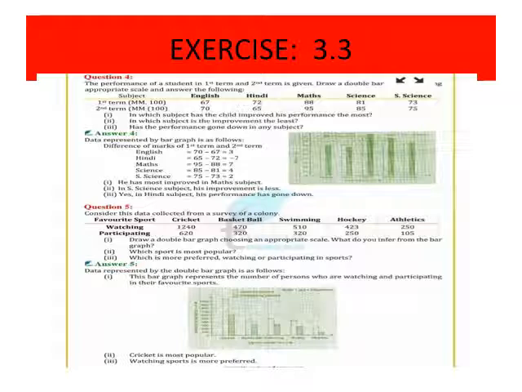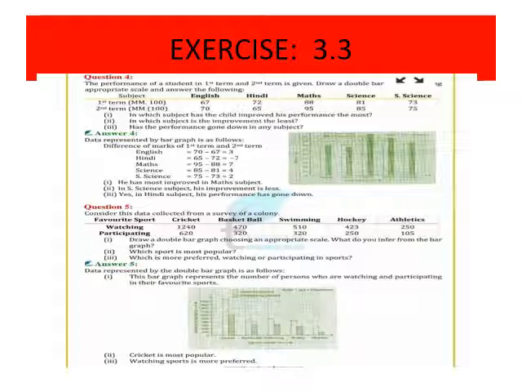So on observing the double bar graph, we have to give answer to these questions. So what does this double bar graph represent? So this bar graph represents the number of persons who are watching and participating in their favorite sports. I think you have observed this double bar graph. Now, which sport is most popular?